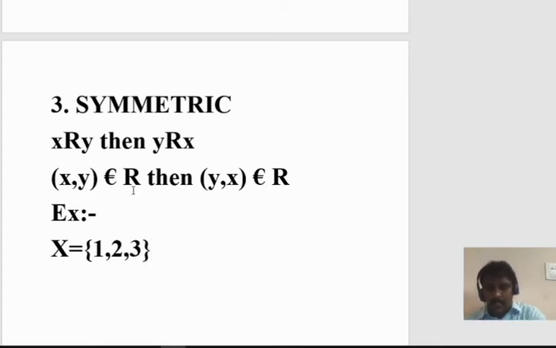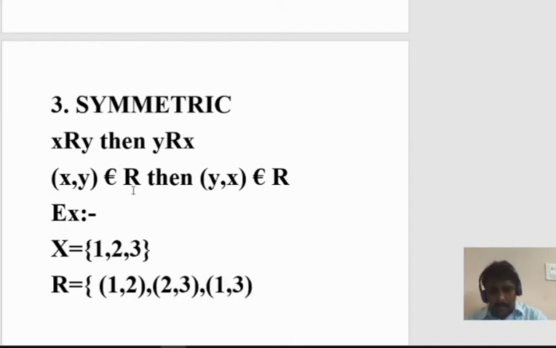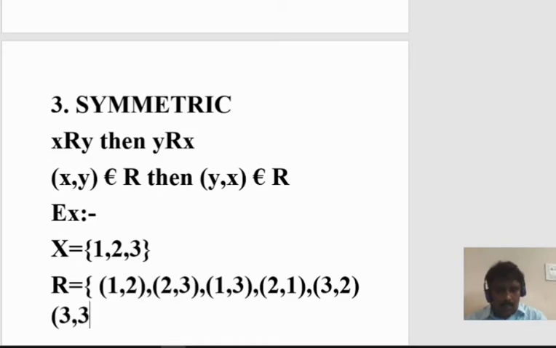Now a relation R is given with the values (1, 2), (2, 3), (1, 3), (2, 1), (3, 2), and (3, 3).